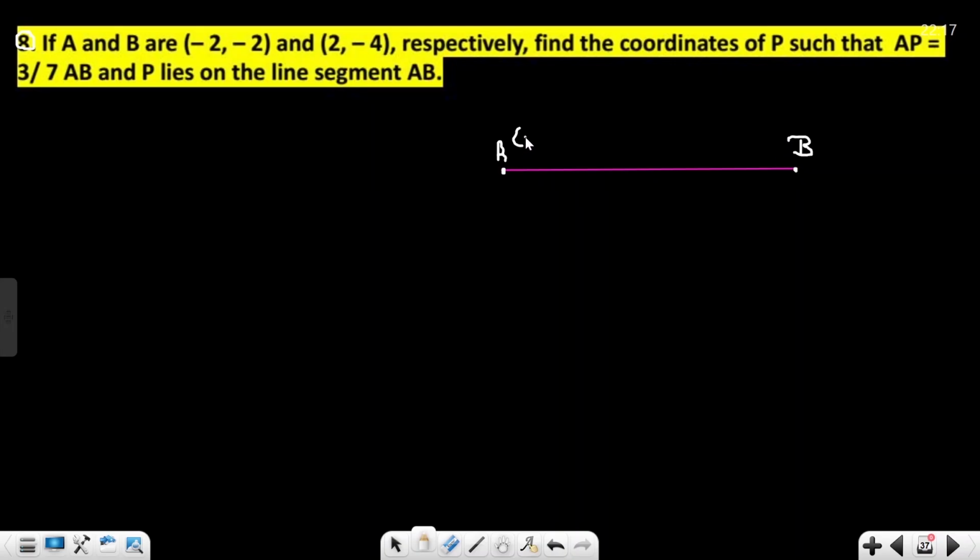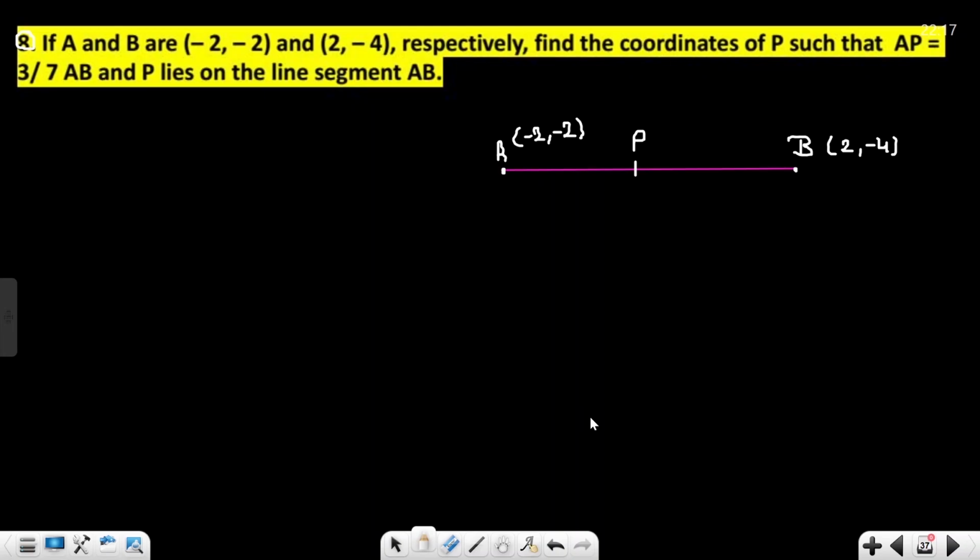Point A coordinate is (-2, -2) and B coordinate is (2, -4). Find the coordinate of P such that AP is equal to 3/7 AB and P lies on line segment AB. P is somewhere, we don't know where, so we take it as point P.